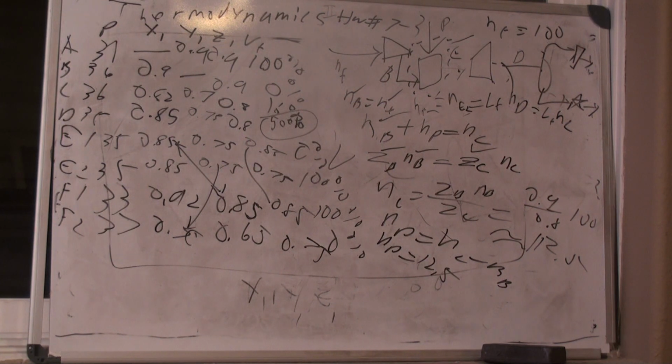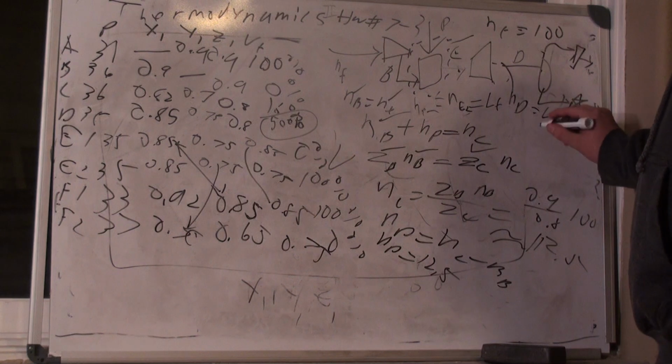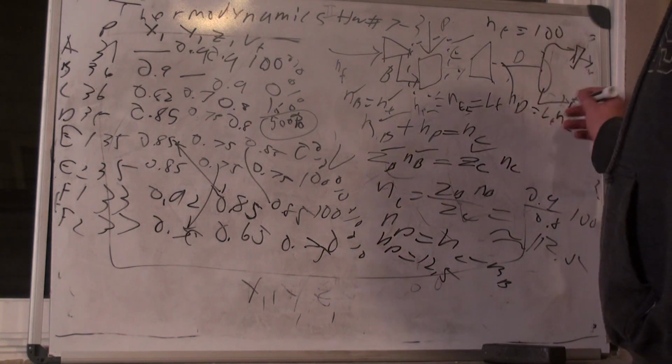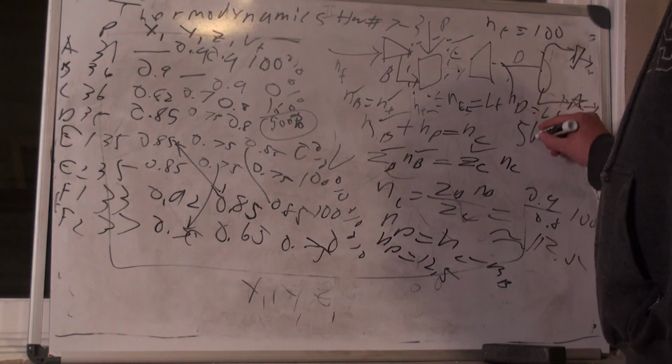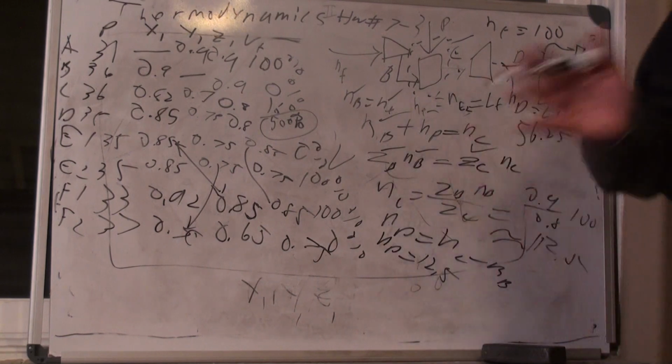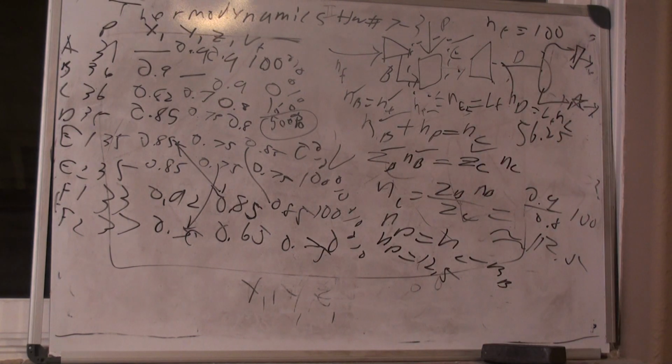No, that's not right. 66.25? Or no, 56.25. Yeah, 56.25. So what is the overall composition of what's coming out of the throttling valve? 56.25. Now, I might have asked, did I? No, I did not.